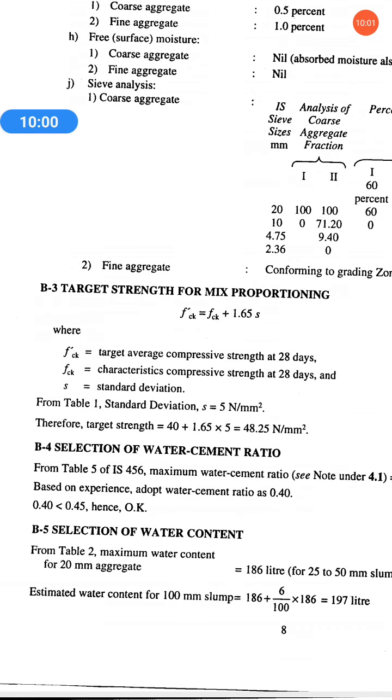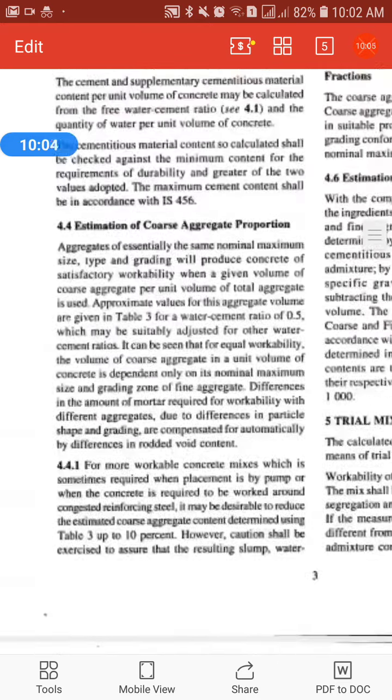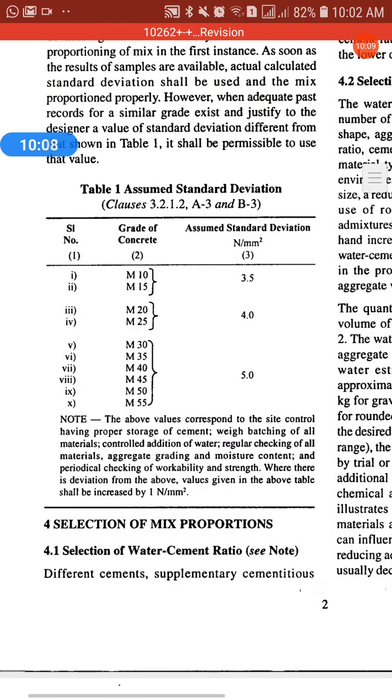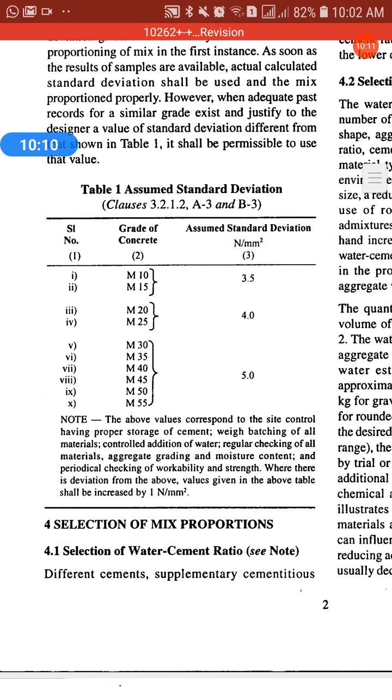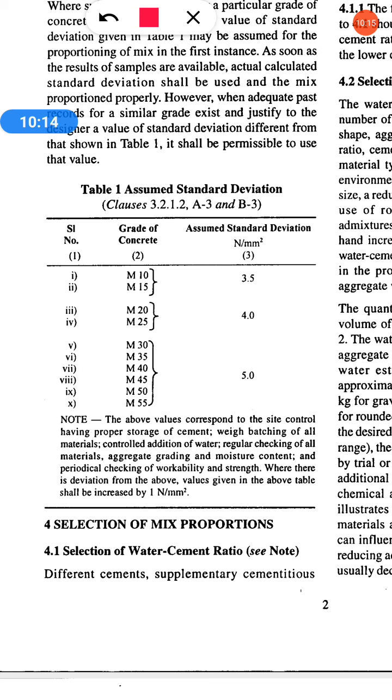So you want to see this table number 1. See, this is table number 1 in IS 10262. See here, M40, see M40 belongs to here. So what will be the standard deviation for M40? 5.0.